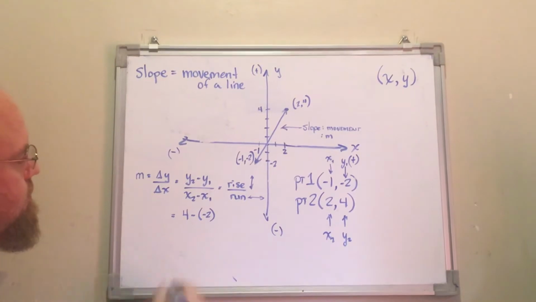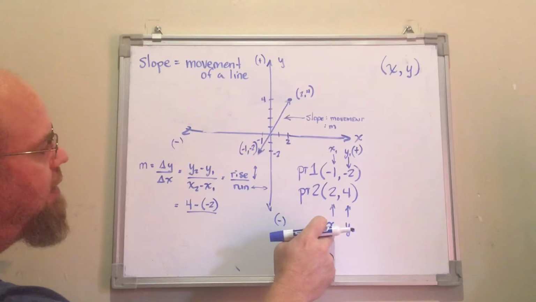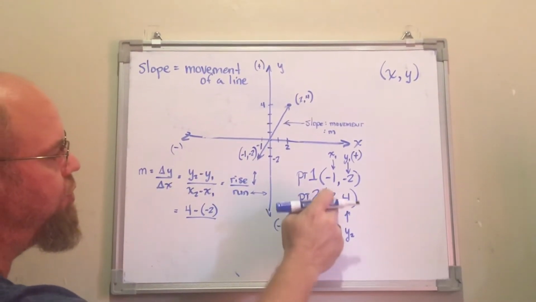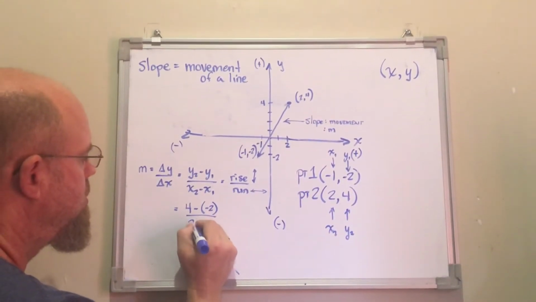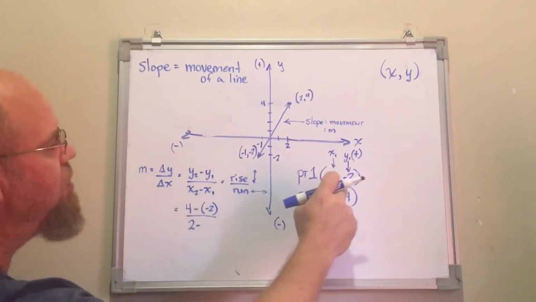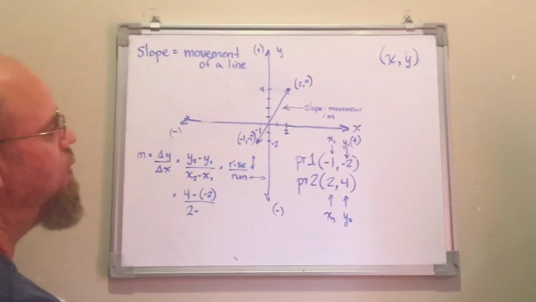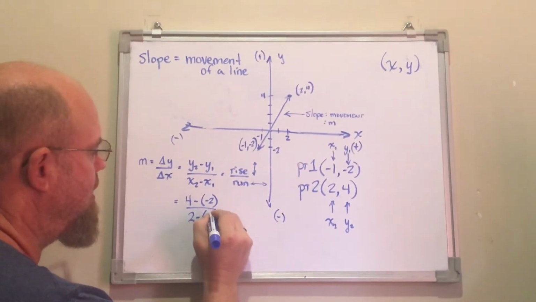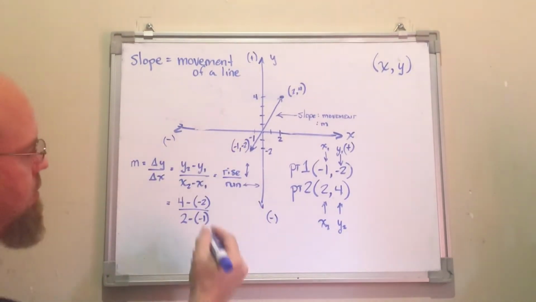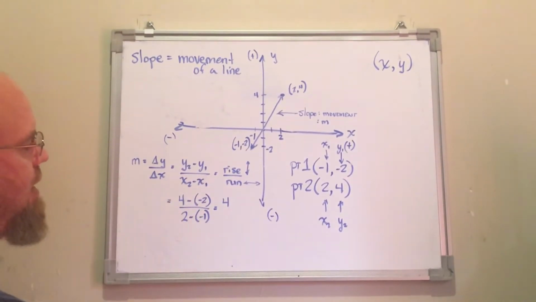All right? And that is all over the value of x2, which is the x value of point 2, which is 2, minus the value of x in point 1, which is x1. And that would be minus -1. All right? And now all we have to do is add integers. Okay? So this becomes 4. What is a negative times a negative?